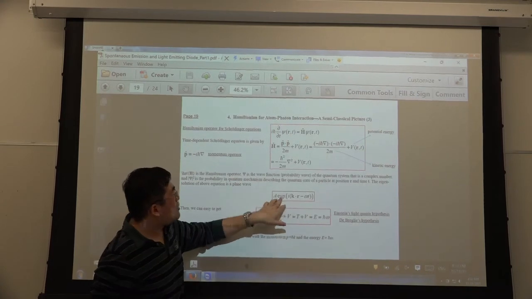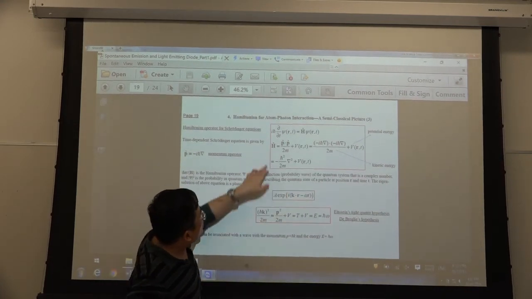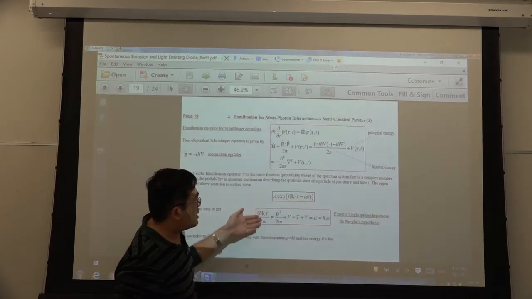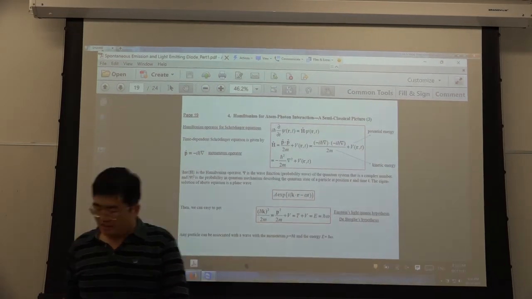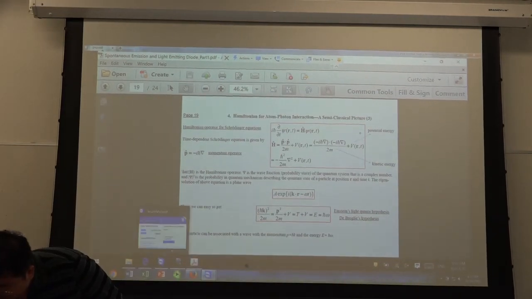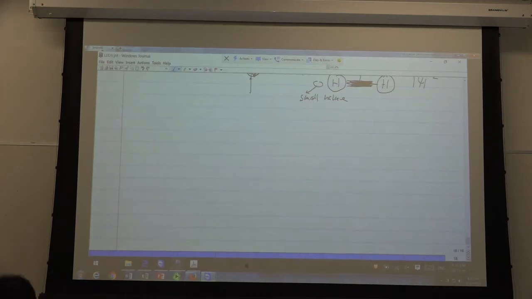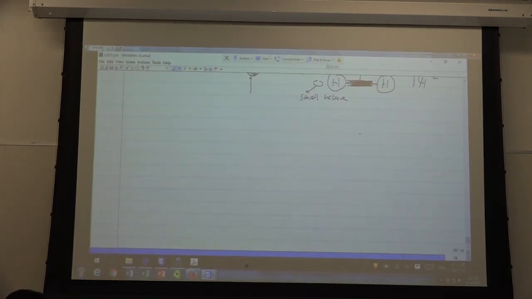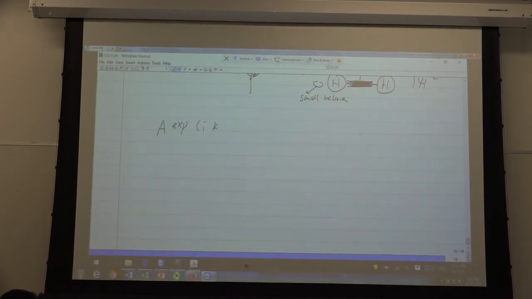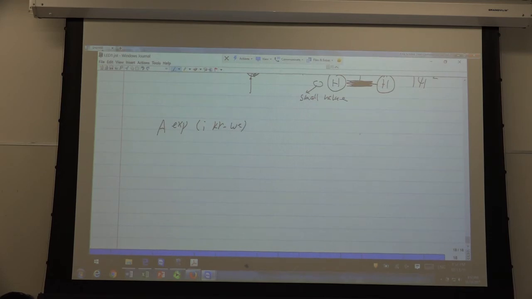I use this plane wave and substitute it into the Schrodinger equation. You can verify this. The Schrodinger wave is like a wave. If there is a plane wave, the plane wave is an eigen solution, an eigenstate, kr minus omega t.